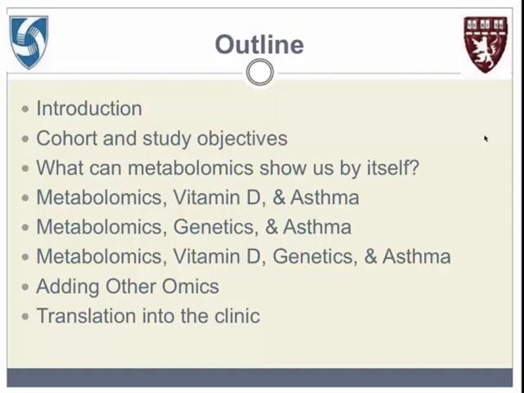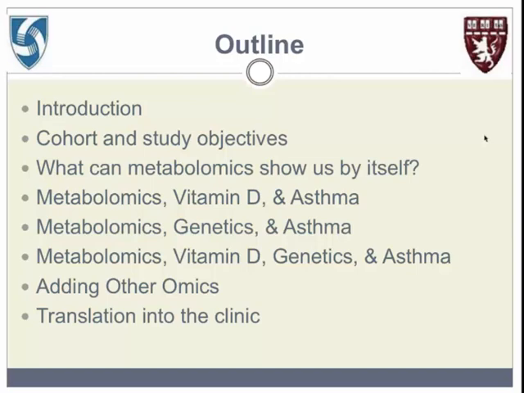Number one is what can metabolomics show us just by itself about individuals and disease processes and how our metabolome looks? We are then going to ask the question, what can metabolomics show us in conjunction with an exposure and a disease outcome? And in this case, the exposure is vitamin D, and the disease outcome is asthma.